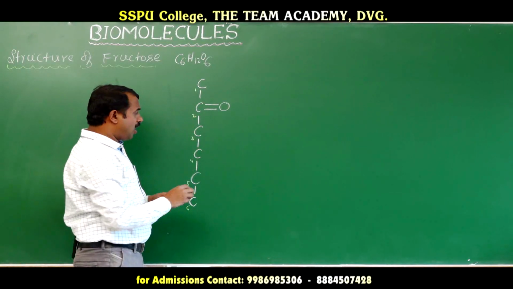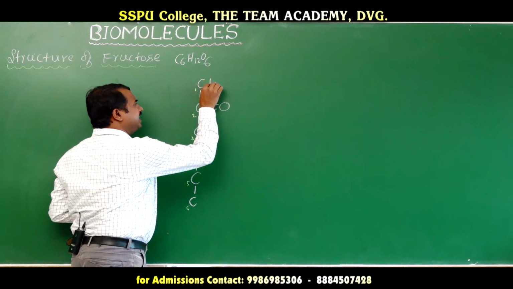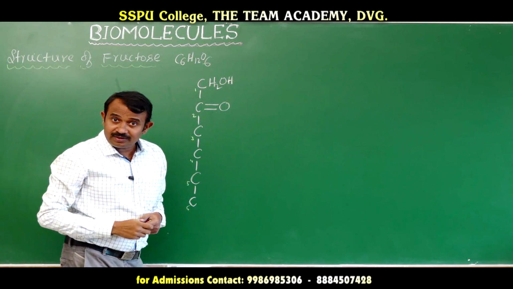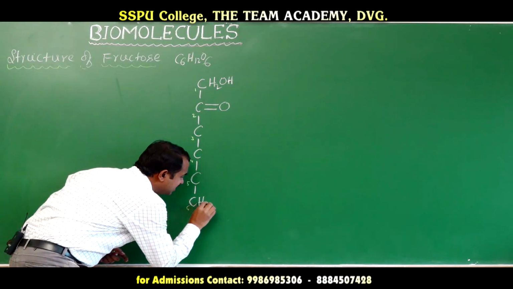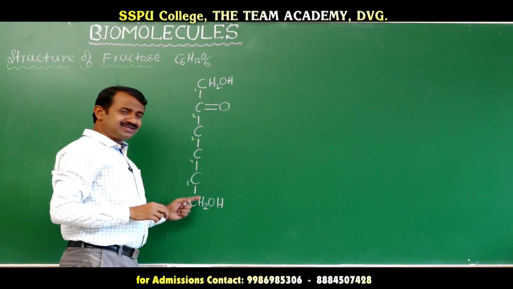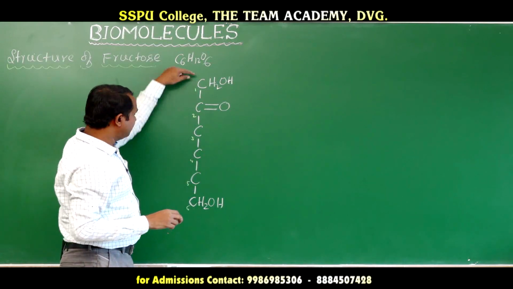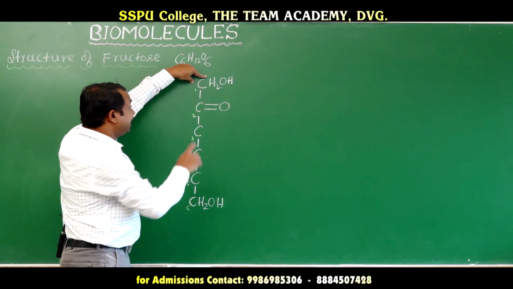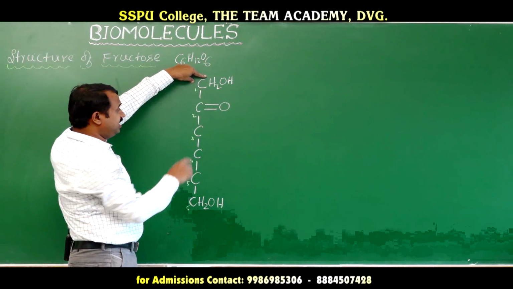On both sides, the first carbon and the last carbon are CH2OH, which is an alcohol group. The next carbon is already satisfied.